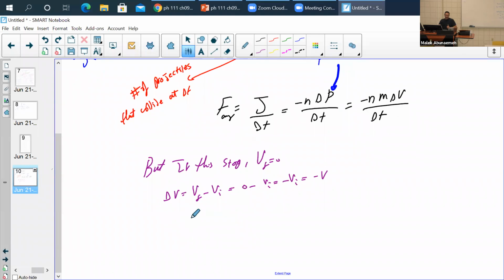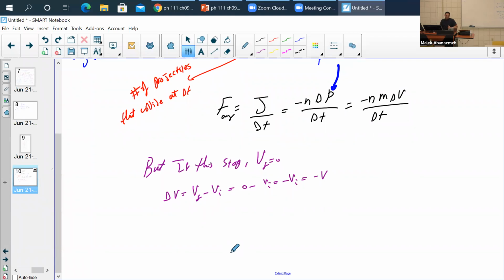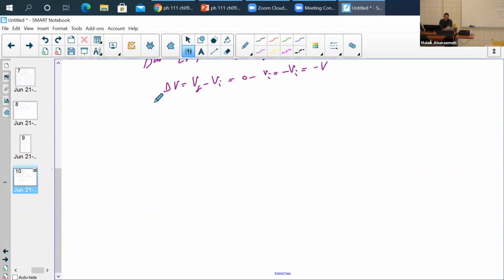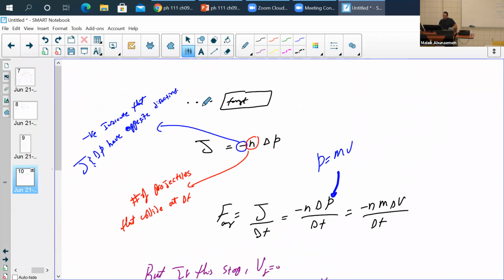Now, what happens if it bounces back? If they hit and they bounce back, that means the change in velocity, which is your final minus your initial, is going to be, well, this is going to go in with the same velocity as going back out.